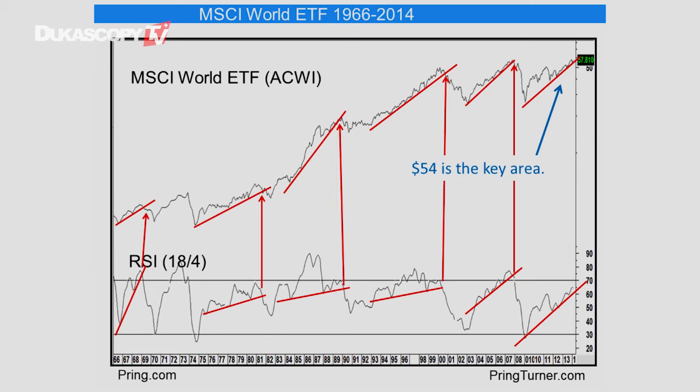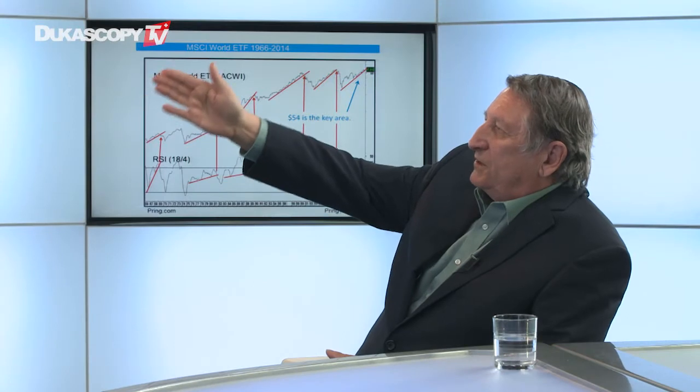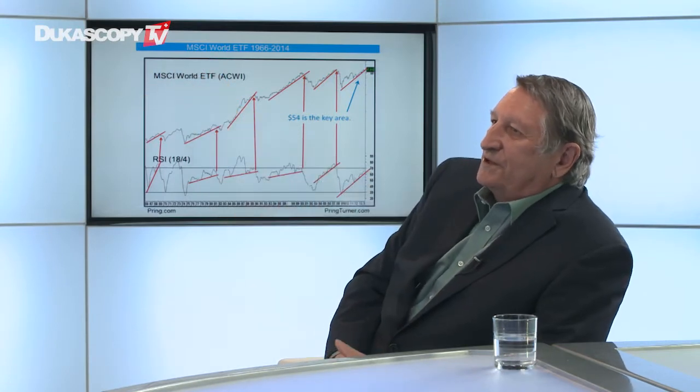And when both trend lines are violated, that signals that we're in a bear market for global equities, as it has since the beginning of that chart in 1966. The current situation is that the market is still in a rising trend because both those trend lines are still intact. And at the present time, the key level would be for the index to fall below $54 on a monthly average basis. That would crack the trend line. And that's based on the World Stock ETF with the symbol ACWI in New York.